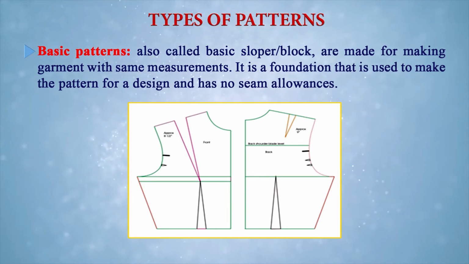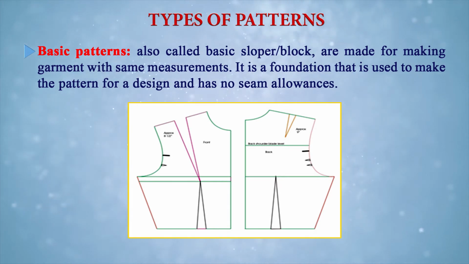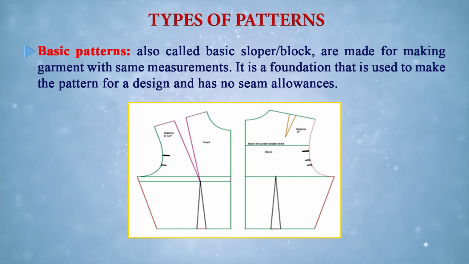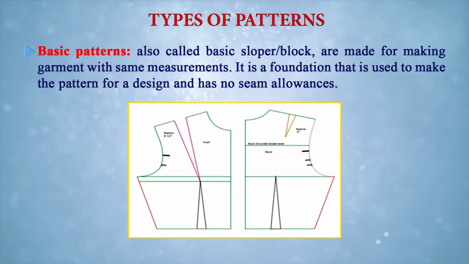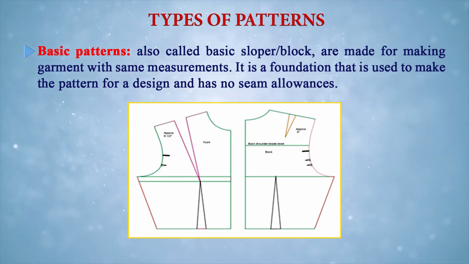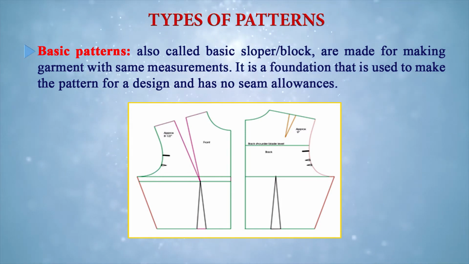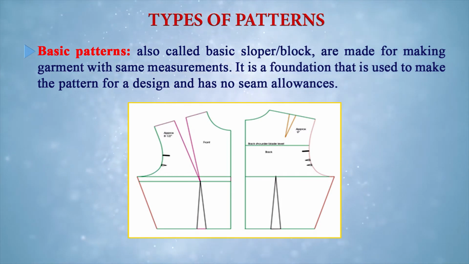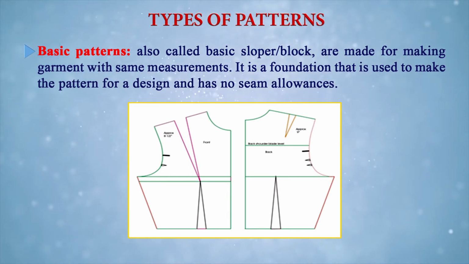It is a foundation that is used to make the pattern for a design and has no seam allowance. Seam allowance means, when we go for garment construction, we give some margin between the stitching line and the cutting line, because our human body is not that fixed, so we give some amount of ease so that the person wearing it feels comfortable in that particular garment.